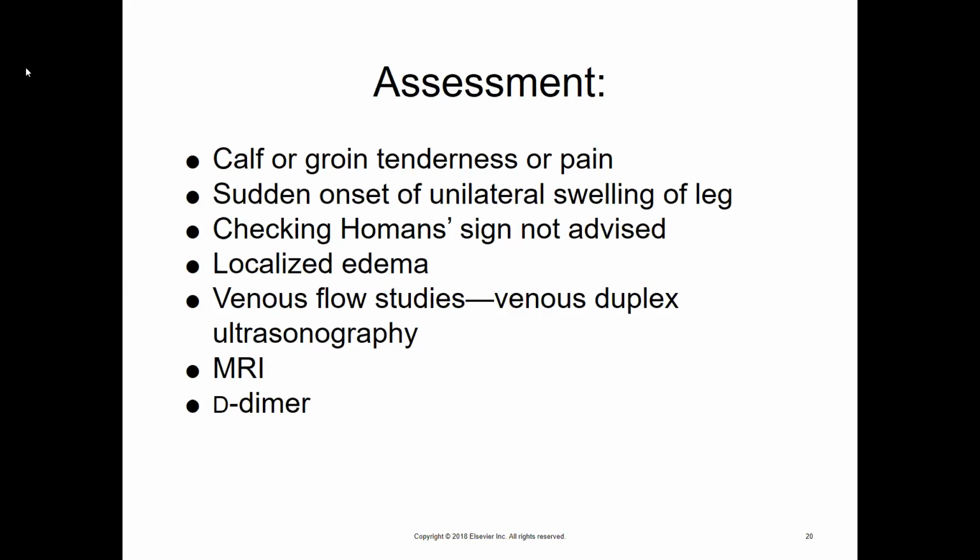Also, they could have venous studies that would show the clot. They can have an MRI, a D-dimer. This is going to be talked about on page 743 in your book. It is a global marker of coagulation activity, and it measures the fibrin, which is the last stage of blood clotting.